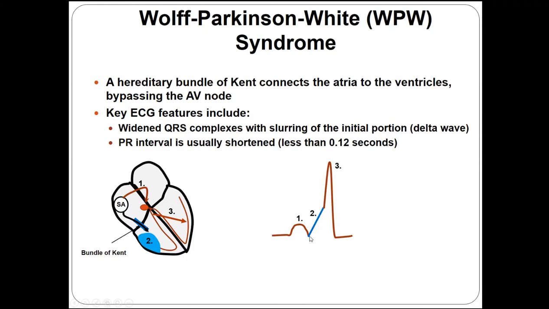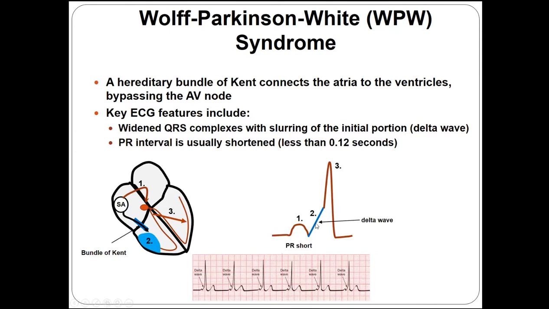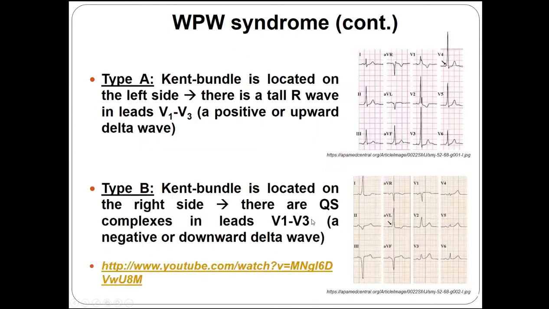And when the AV junctional delay reaches this activation, it will activate the leftover part of the ventricle. So this is why you see the slow starting and fast ending QRS complex, and this is what is called the delta wave. So the PR is short and the QRS is wide.